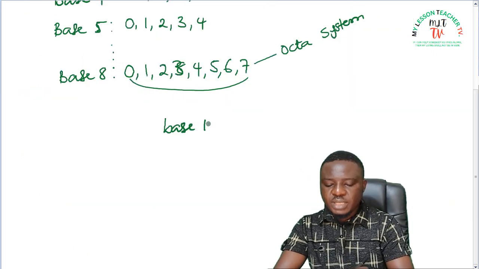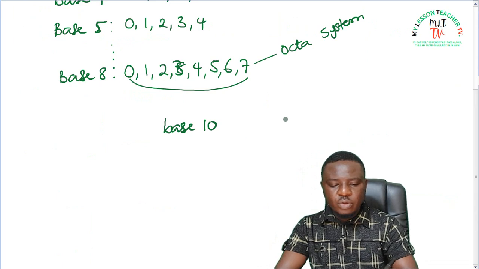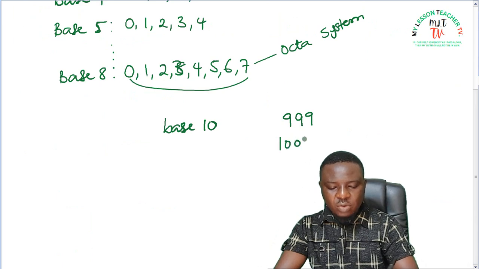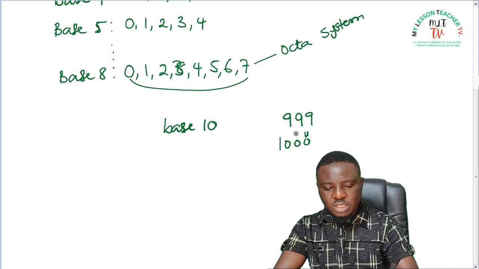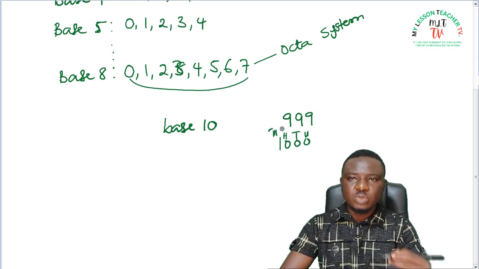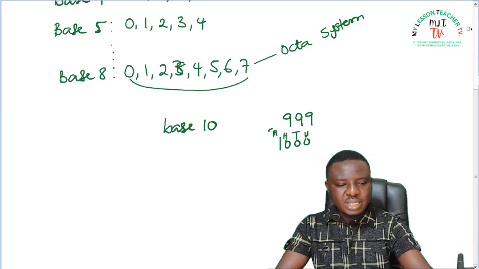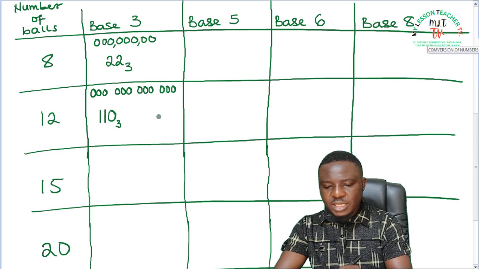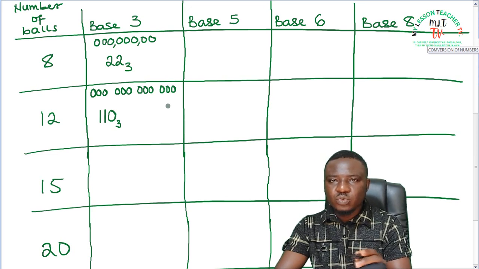Remember, in base 10 system, when you have 999 and 1 is added to it, you have 1,000, of which the place value of this 0 is units, while that of this 0 is tens, hundreds, and then thousands. Same thing we have with base 3. In base 3, the first place value is 3 raised to the power of 0, which is 1.